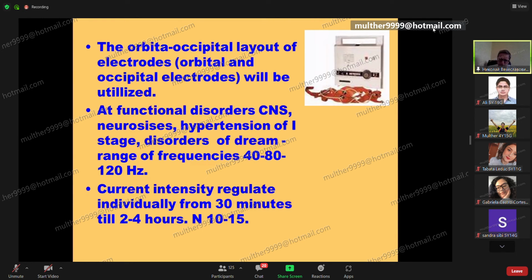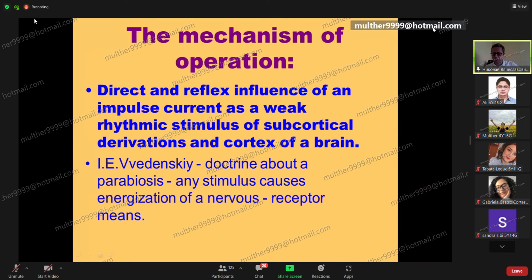Current intensity can be regulated individually. The minimal duration of the procedure is 30 minutes, up to 2 or, if possible, even 4 hours. If the patient sleeps, we can help this ability to sleep more deeply. A course of procedures includes 10-15 procedures. It is a very popular procedure, especially for women and children.